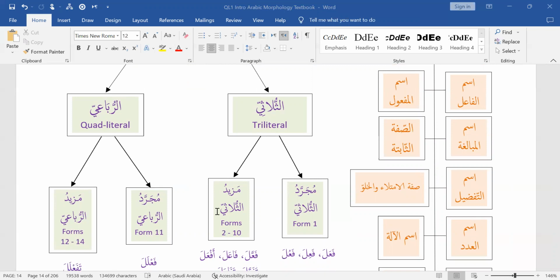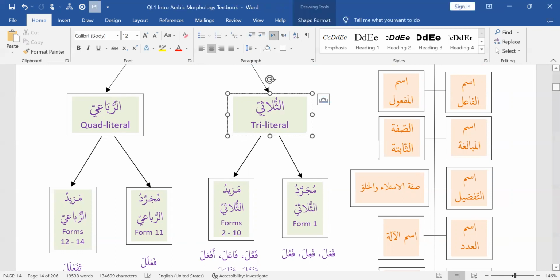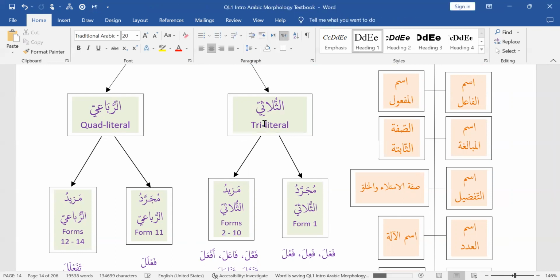When I say vast majority, if I had to guess, I would say 95% at least, if not 99%. And then there is a small category of words that are quadliteral, not triliteral. So you have triliterals and you have quadliterals, okay?